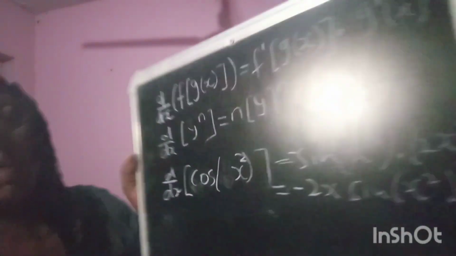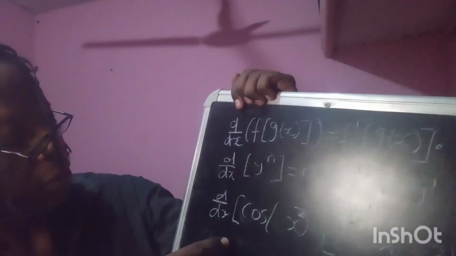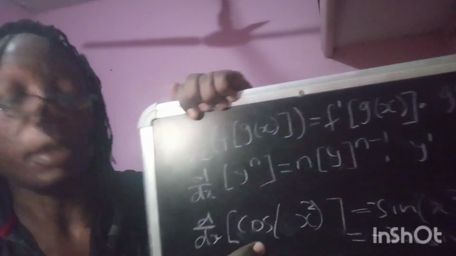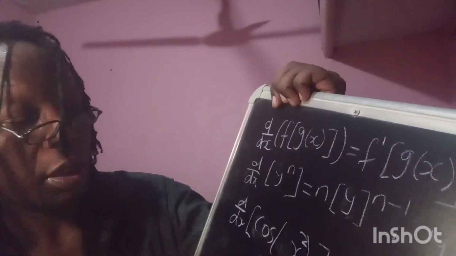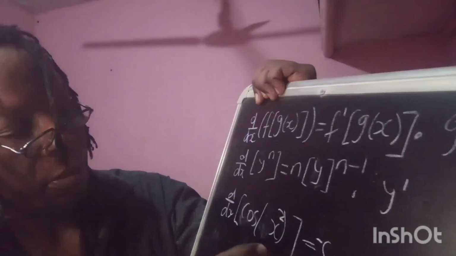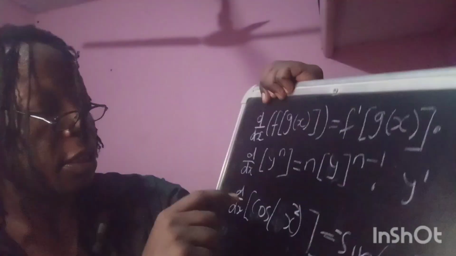So now look, I've done this here: d dx of cosine x squared. If you differentiate cosine, it becomes minus sine, which I've written here, and the inside remains the same.